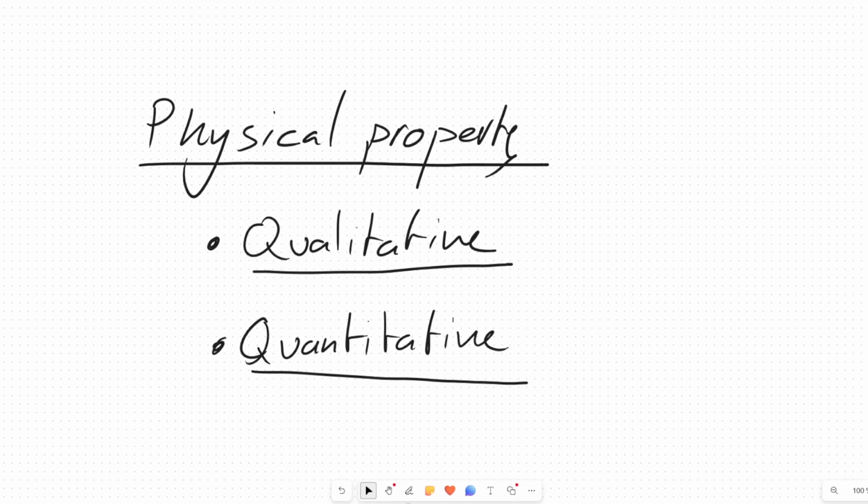With this classification, we can distinguish between properties that have more value in science, quantitative properties, and some other properties which have less value. I don't mean that they're useless. I mean qualitative properties are useful in identifying substances.